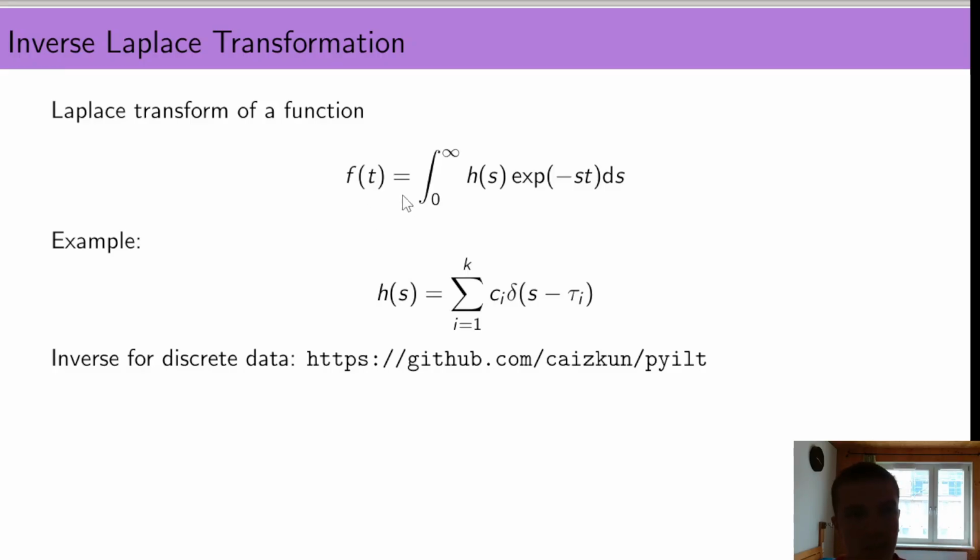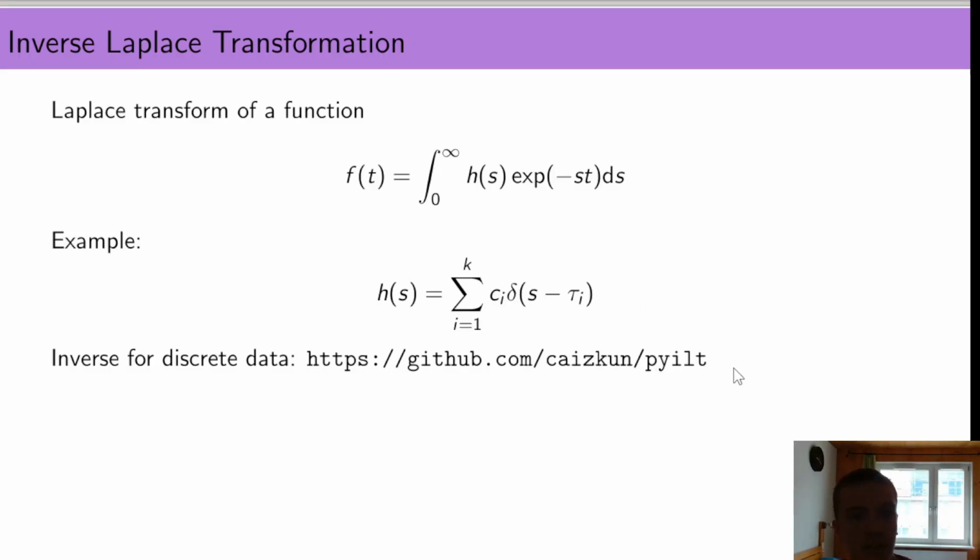So not a sum of exponential decays, but an integral of exponential decays. And in our example, this h of s would be just given as a sum over scaled delta functions.